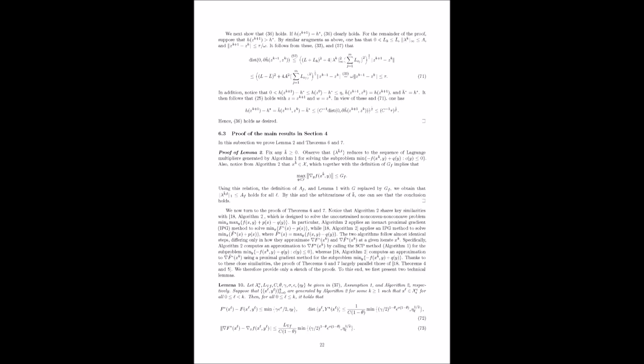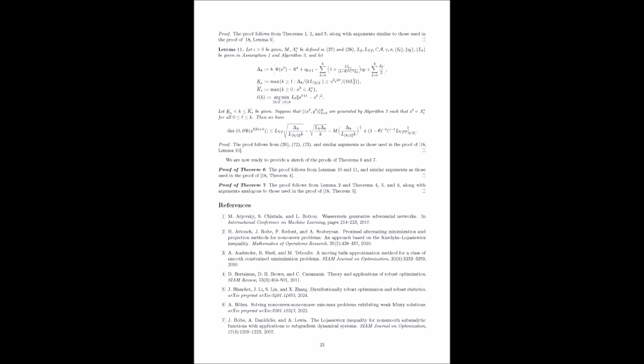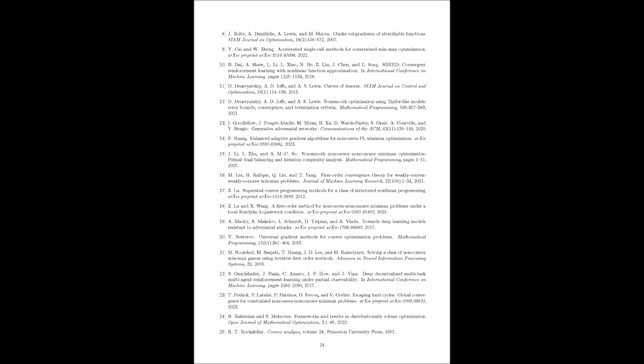The analysis carefully tracks how the inner accuracy ε_k needs to be tightened as the outer loop progresses, as k increases, to ensure overall convergence. I see. So the outer loop dictates the required accuracy for the inner SCP loop, ensuring the gradient approximation is good enough at each stage. Exactly. It's a coupled system where the required inner precision depends on the outer progress.